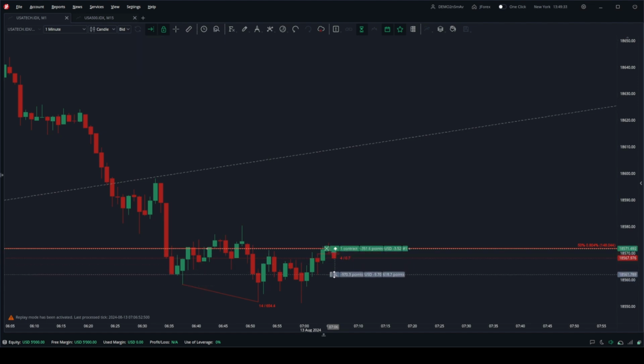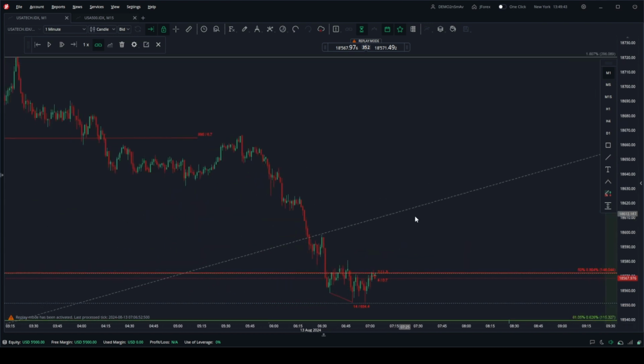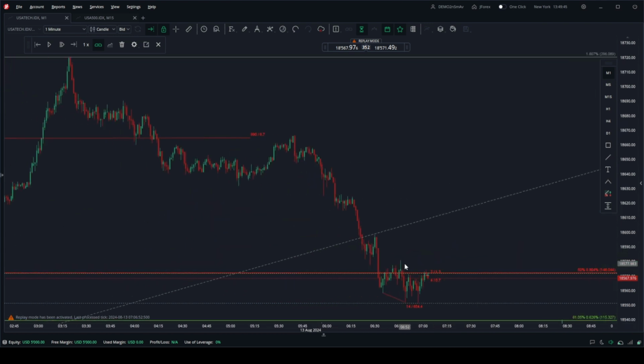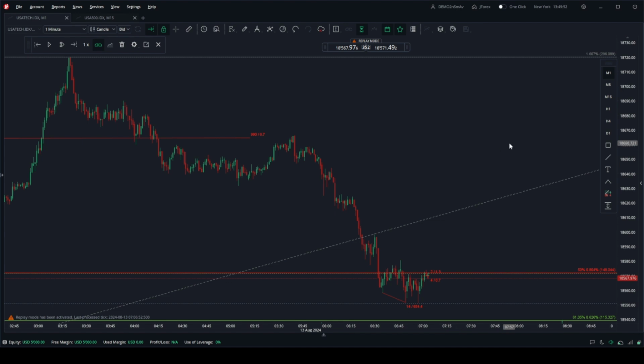Stop loss could be right here, but for the best of the market, we can put it right here. And then the TP has to be up to the high of the day. For the price, when we use this risk to reward ratio, it would be looking like this.